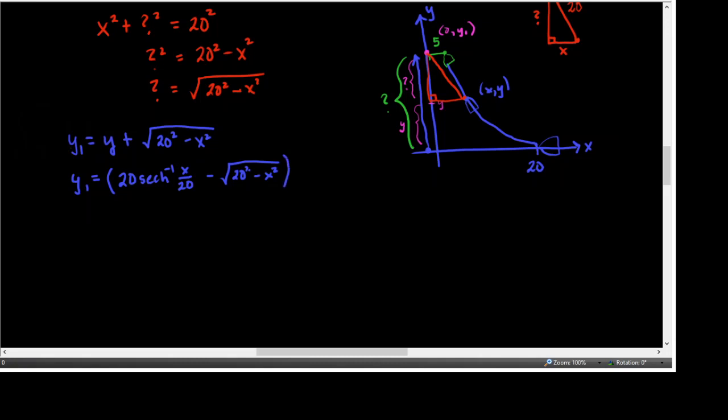That's the equation up above with 20 substituted in for each of the a's, plus that pink question mark part that is written in red above, the square root of 20 squared minus x squared.